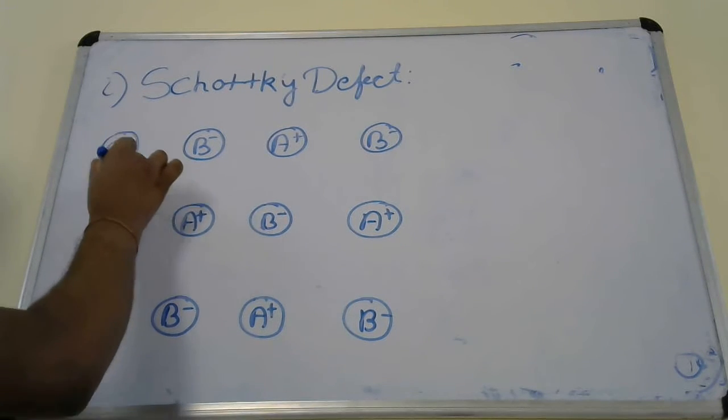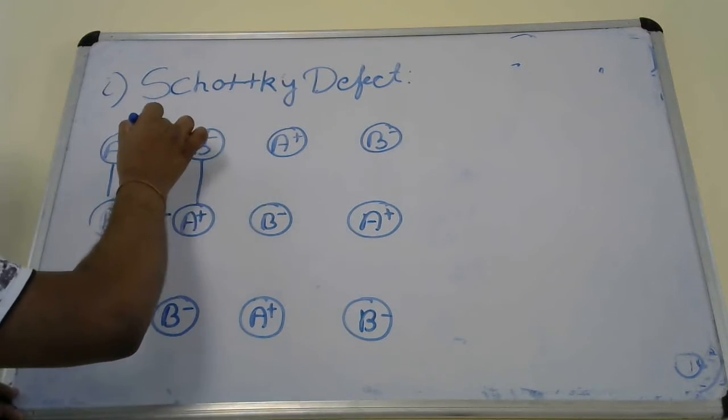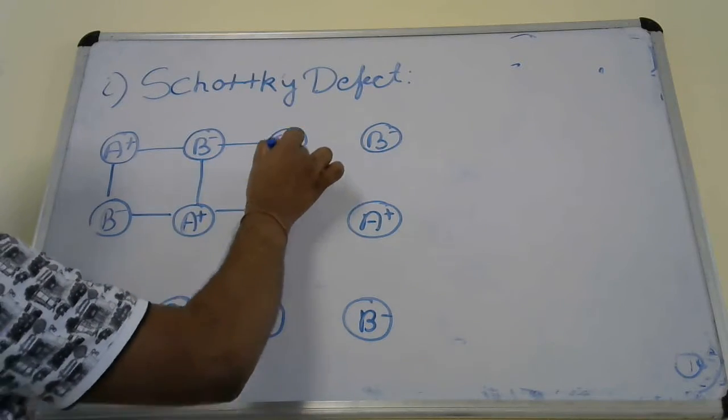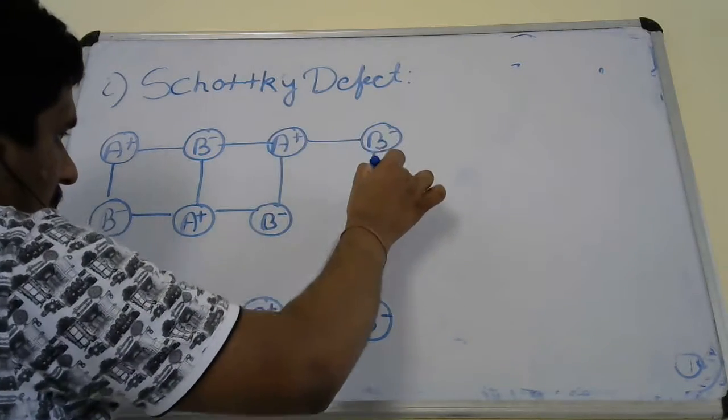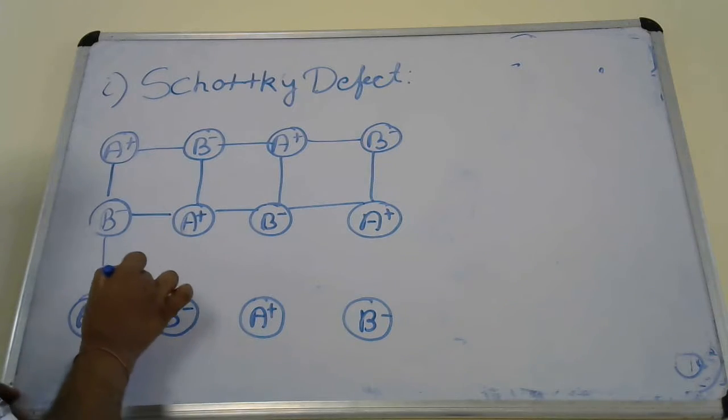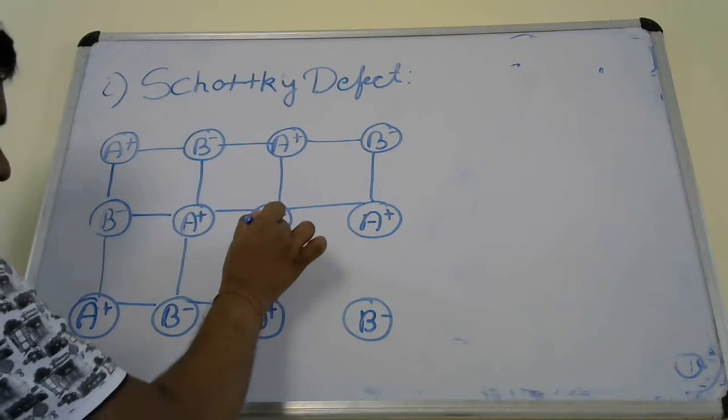So we will first draw the lattice of this ionic solid.